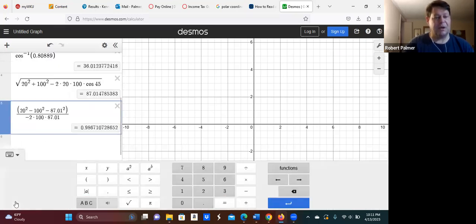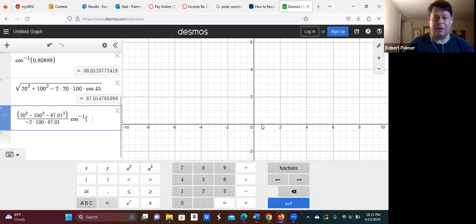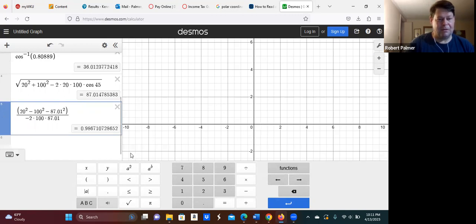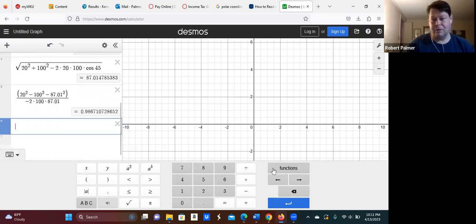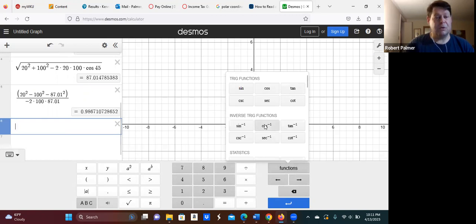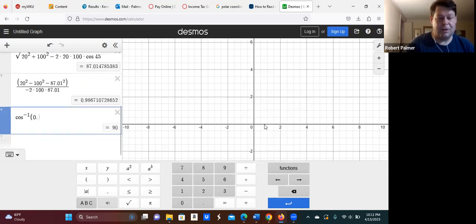Once again, the inverse cosine: hit the keyboard, hit functions, and the inverse trig functions. Also, the more decimal places used, the more accurate that will be. And so it turns out that theta is, once again, 2 places, about 9.35 degrees, which is a fairly small angle.